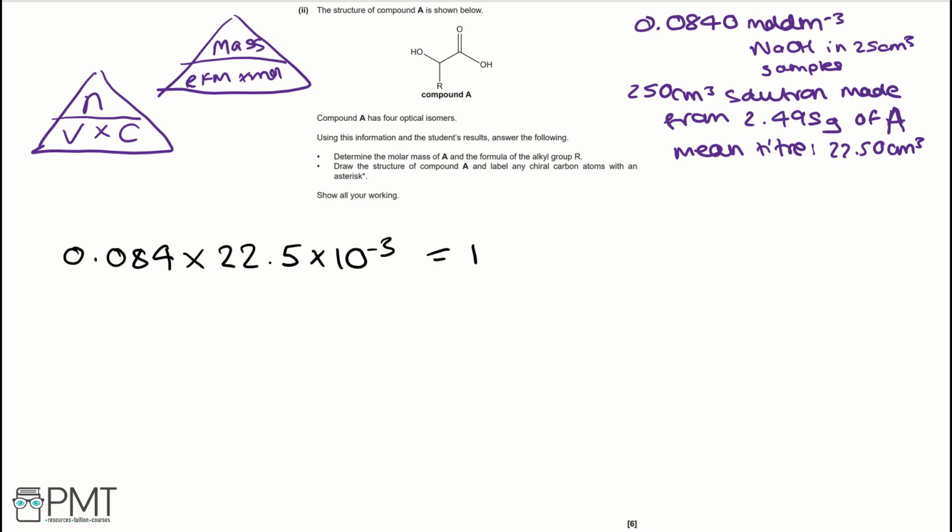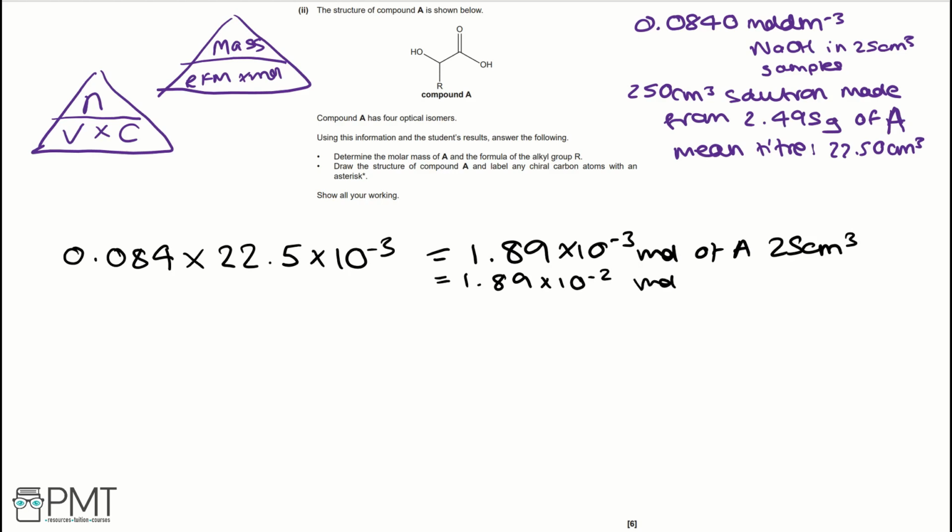That gives us 1.89 times 10 to the negative 3 moles of A in 25 centimeters cubed. So that means that it's 1.89 times 10 to the negative 2 moles of A in 250 centimeters cubed.